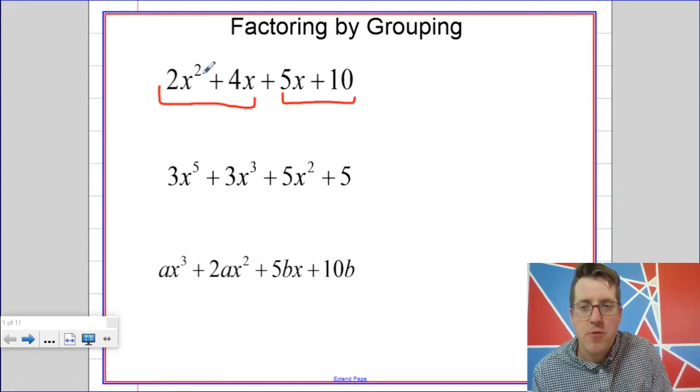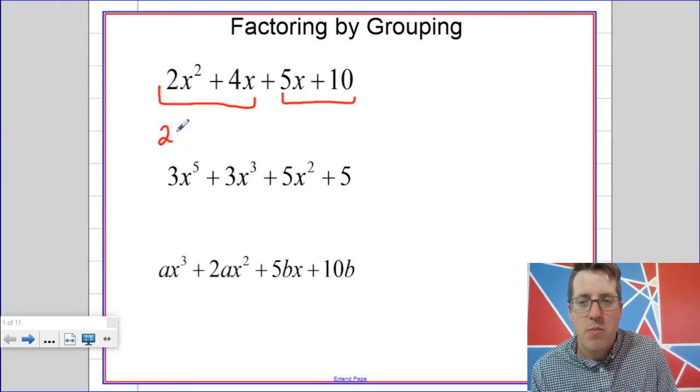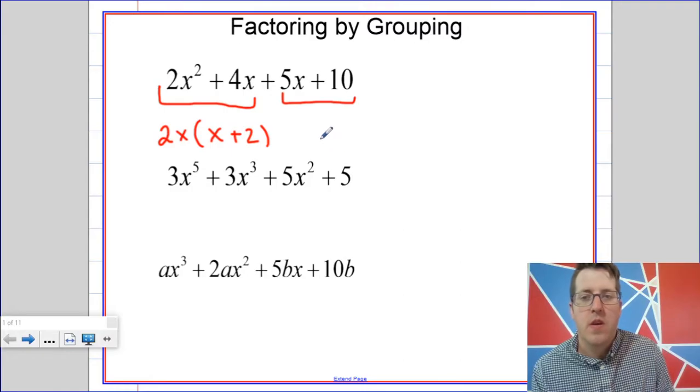I would look at the first 2 terms and I would factor out their greatest common factor. So in that case, that would be 2x. I would be left with x plus 2. And I'm going to factor so that I get the same thing in the second set of parentheses here.